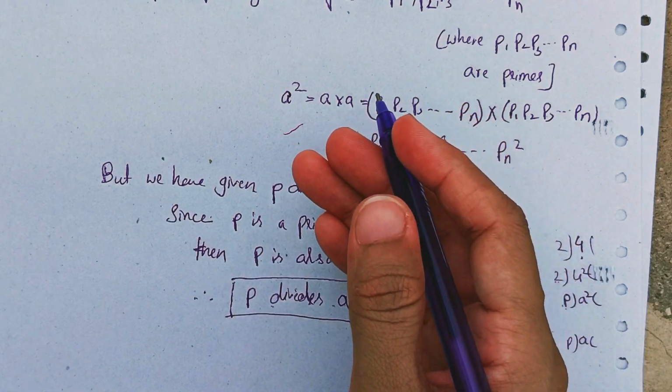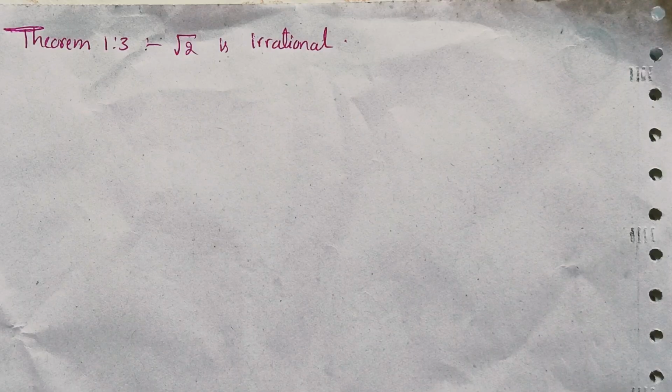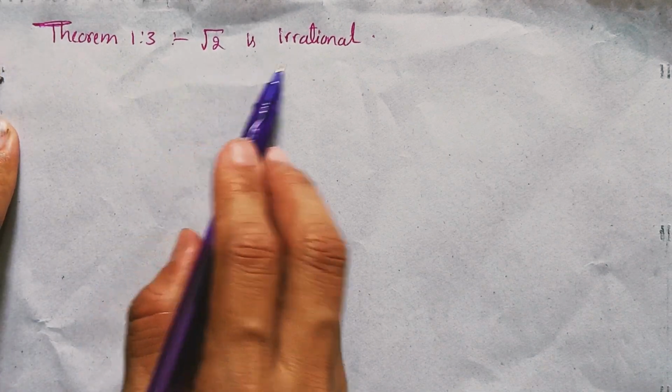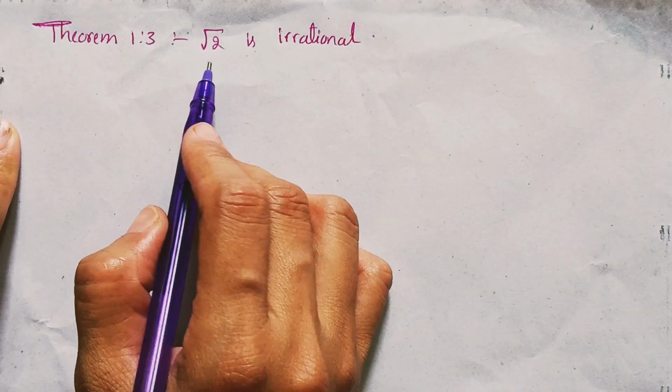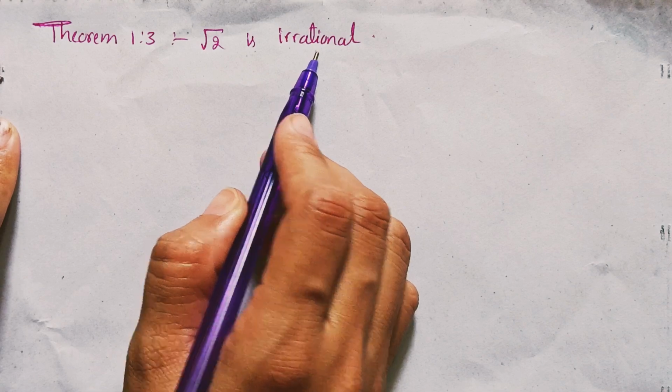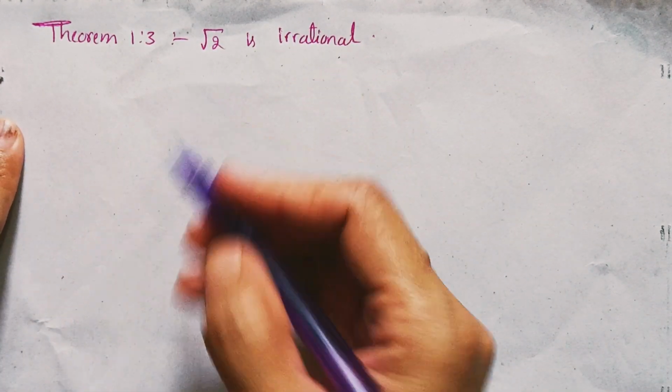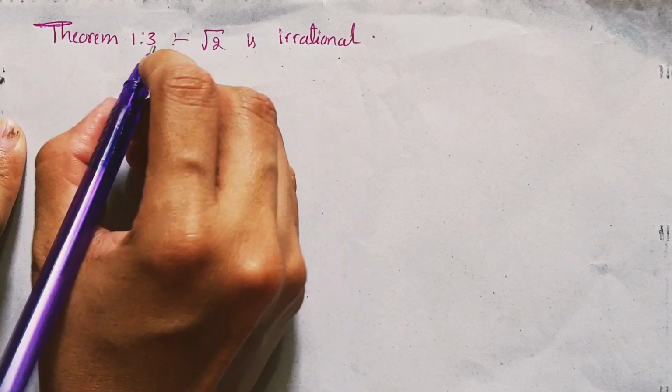Now we'll see the next theorem, which is: root 2 is irrational. So we have to prove that root 2 is irrational. To prove that root 2 is irrational, first we'll assume that root 2 is rational.